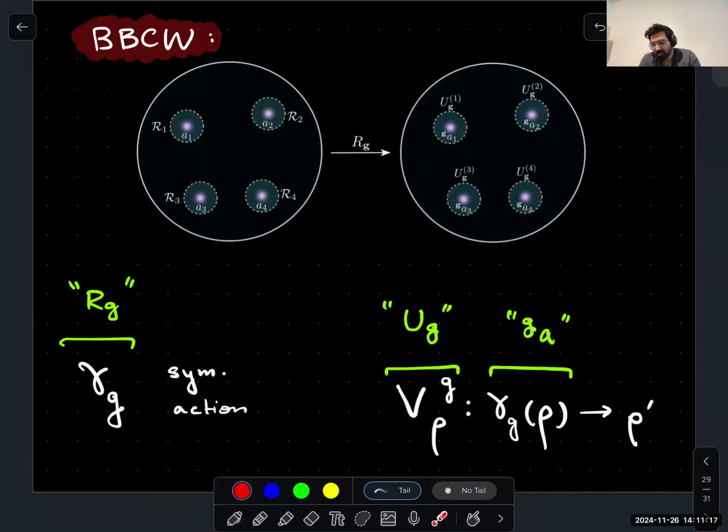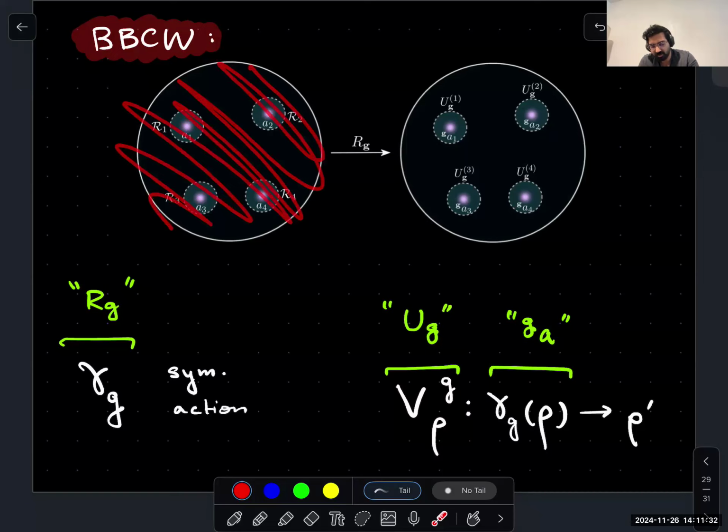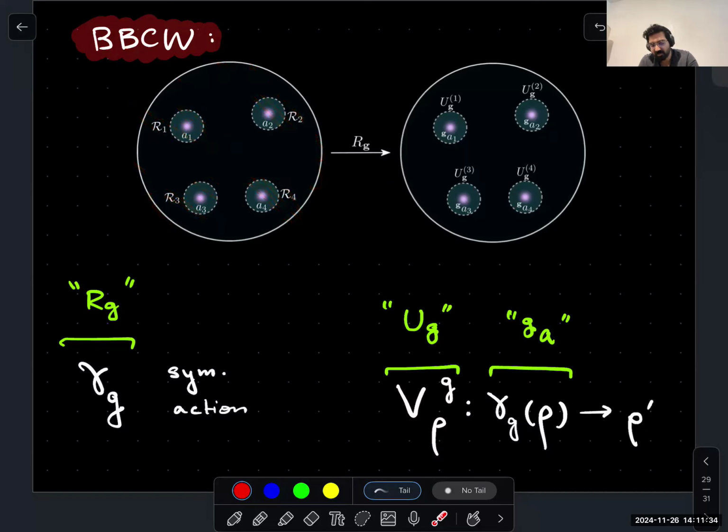So in BBCW, there was this cartoon that they drew, where you have some anyon, A1, A2, A3, A4, whatever, and there's some global anyon corresponding to this distribution. If you act on it with this big symmetry everywhere, then the symmetry is going to fractionalize in such a way that it gives you some unitary action surrounding these anyons, and it also gives you some anyonic action itself.